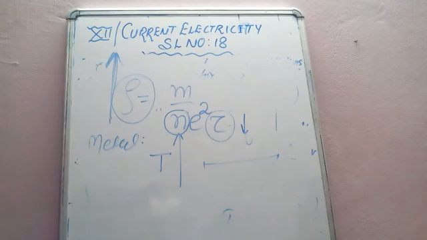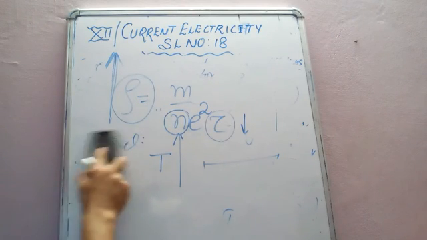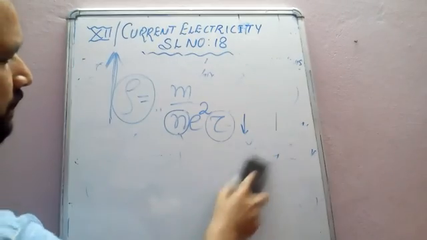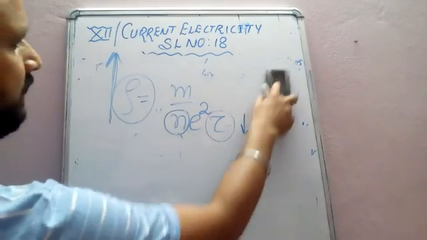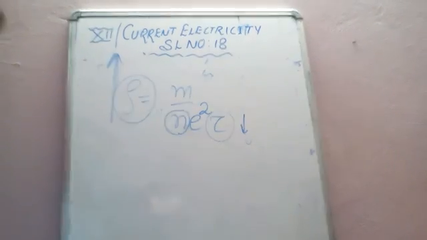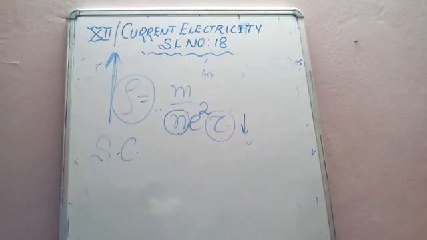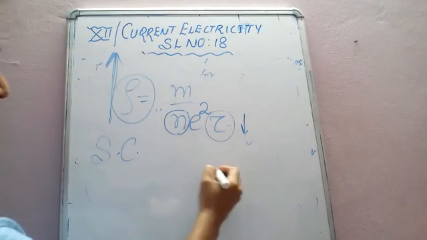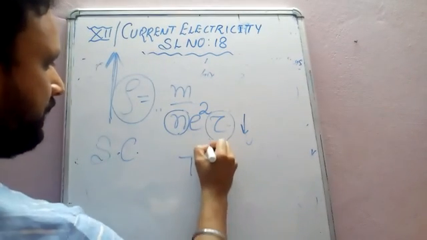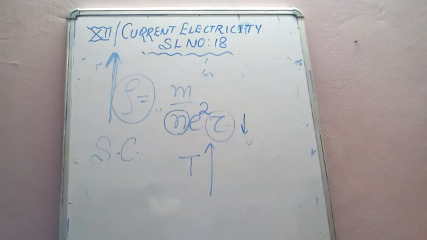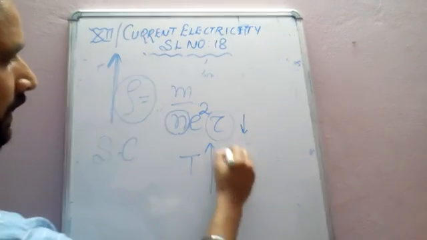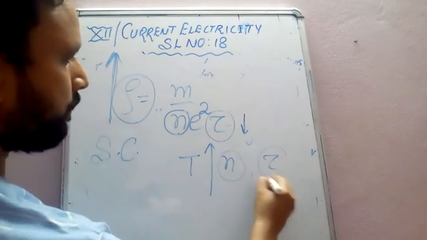Is it clear? Second, what about the case of semiconducting material? Now what happens in semiconducting material? In a semiconductor, with rise in temperature, two things are going to change. Number one is N, number two is tau.